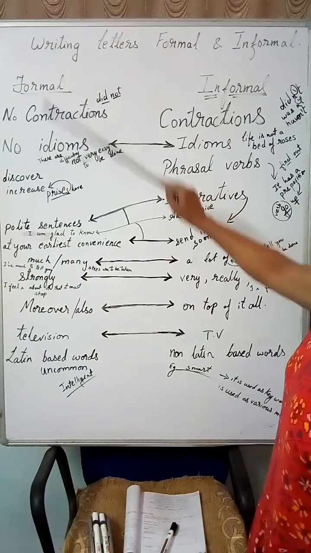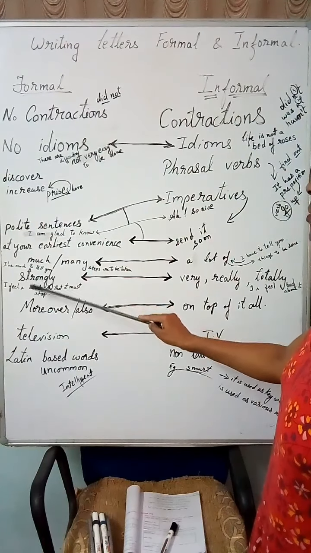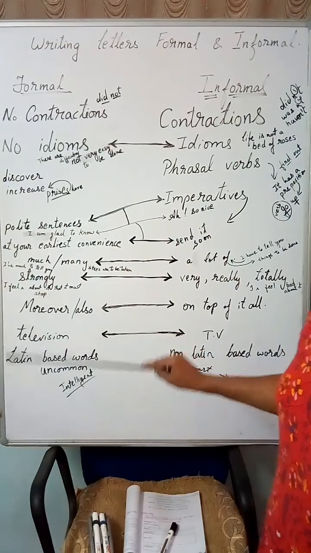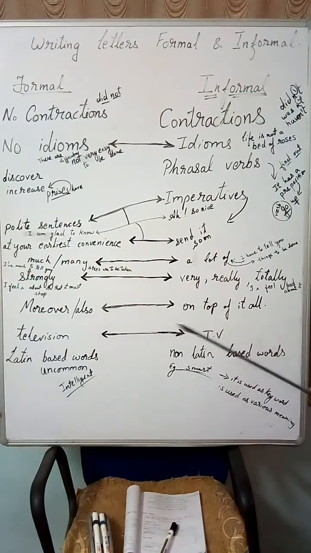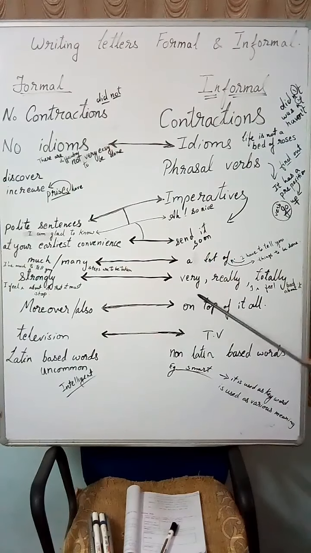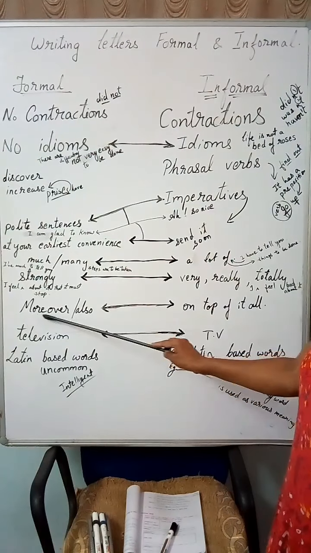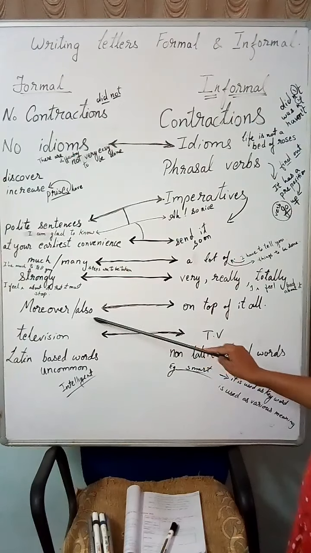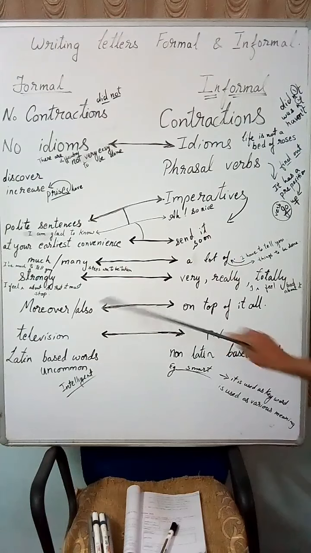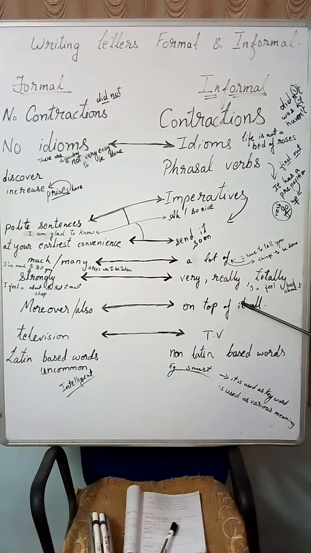But while you are writing a formal letter, I feel strongly about it that it must stop. Like this you have to write the same feeling with different words. Okay? Next thing, on top of it all, you use this type of sentence in informal letters, but in formal letters we use words like moreover, also, like this. So this is the difference between formal and informal.